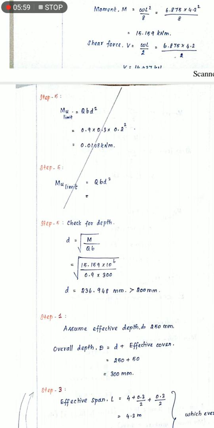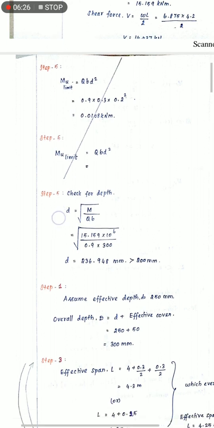This is the required depth, but we assumed effective depth equal to 200 mm. The required value should be less than the provided value, but here the required value is greater than the provided value. So the section is redesigned.